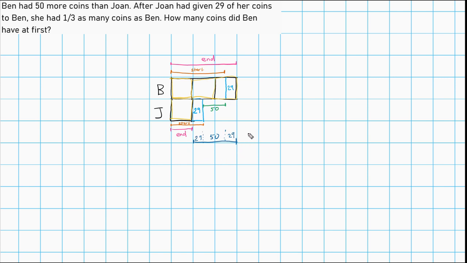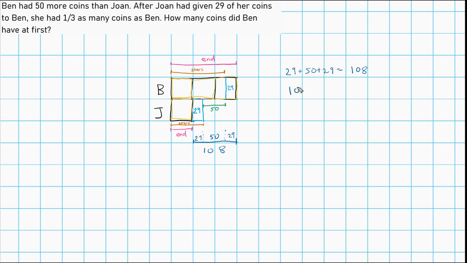So if we add those all together, 29 plus 50 plus 29, that is going to give us 108, and that is the value of two equal parts. So that's 108 altogether.